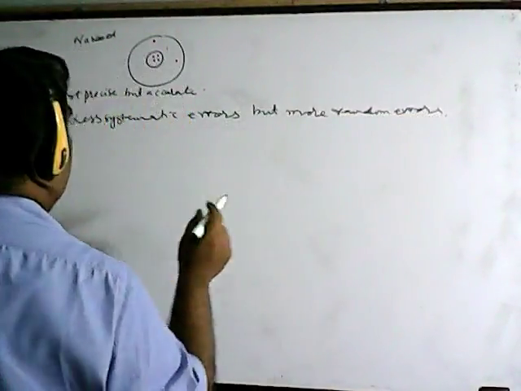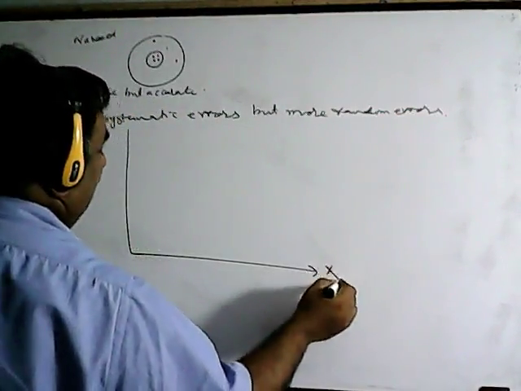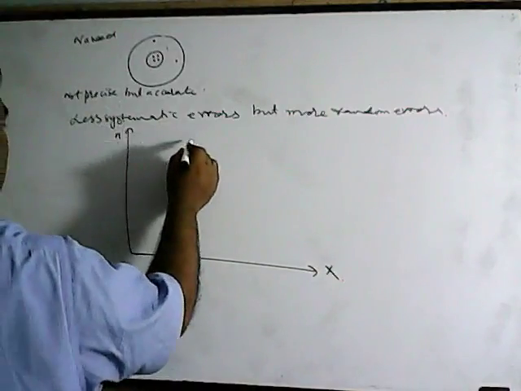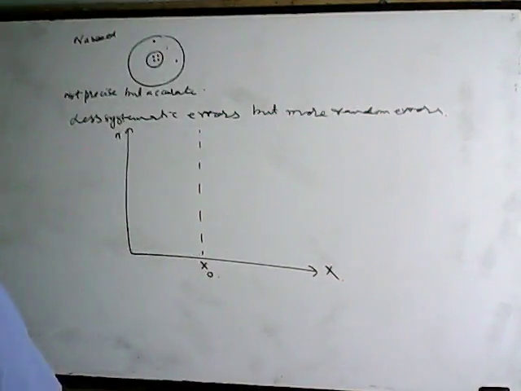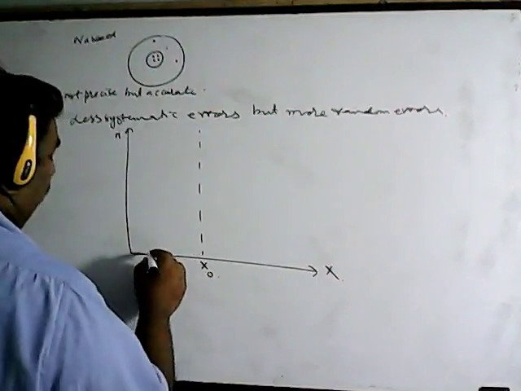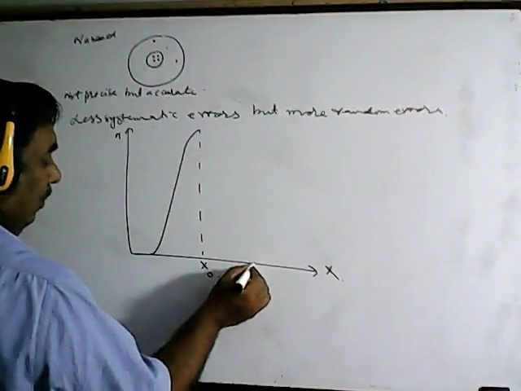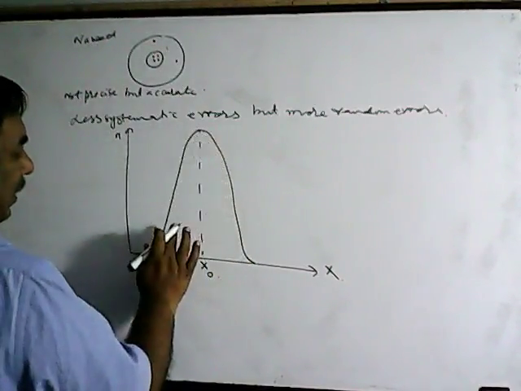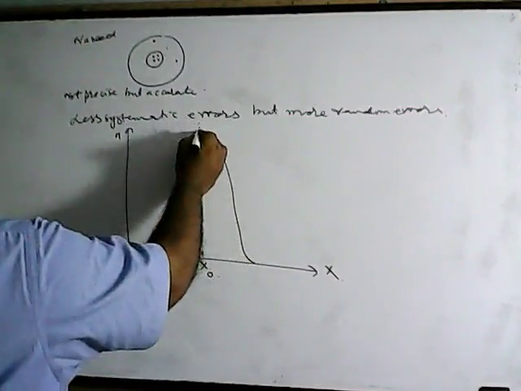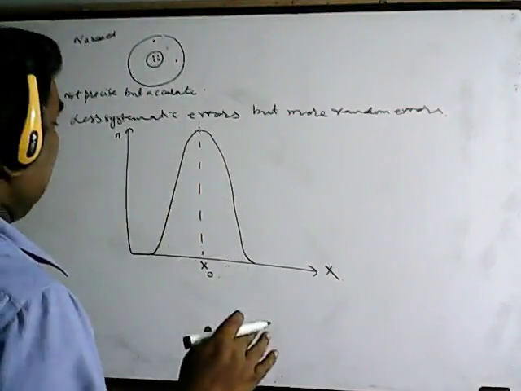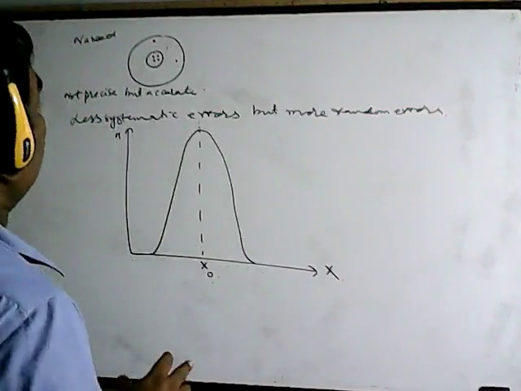So with less systematic errors but more random errors, suppose x is here and n is here, and this is the x naught value, the actual value of the physical quantity. He's not precise but is accurate. So the loop will be symmetrical but widespread. The area will be the same but it's wide. So the loop is symmetrical and wide, meaning he's not consistent in his readings, but he will have the accurate value.